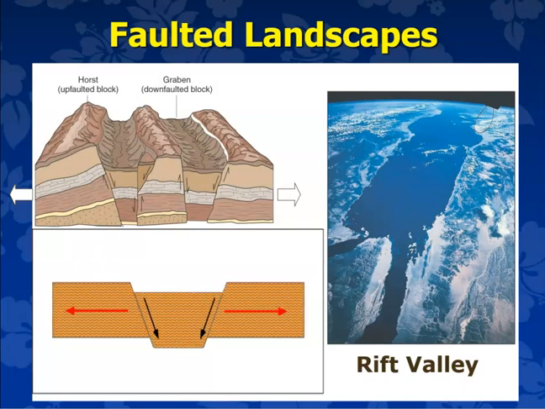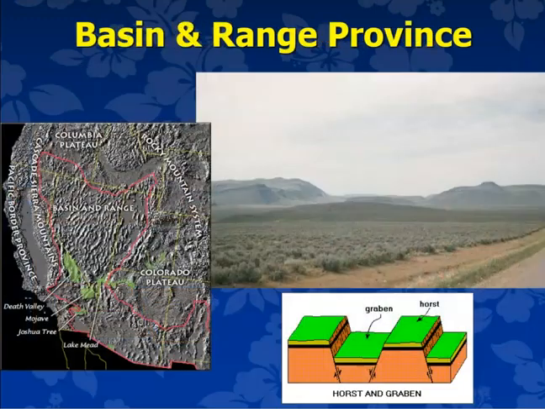And so when you see stretching, you might have just a single Graben and a single Horst, or you might have a series of them if the stretching takes place over a larger area. So the Red Sea, for example, is a relatively large rift valley, but for the most part, it's a singular valley as opposed to a series of them.